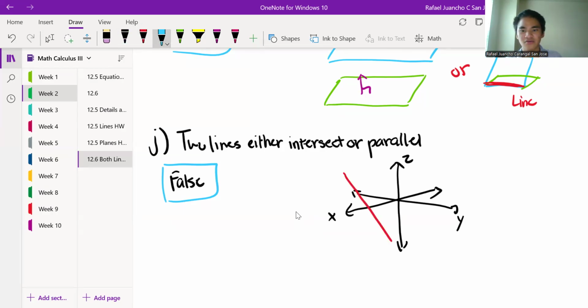We can also have a line that goes here to the other side. And here they're not parallel and they don't intersect either. So these are called skew lines. So this is false. Lines could be skew.